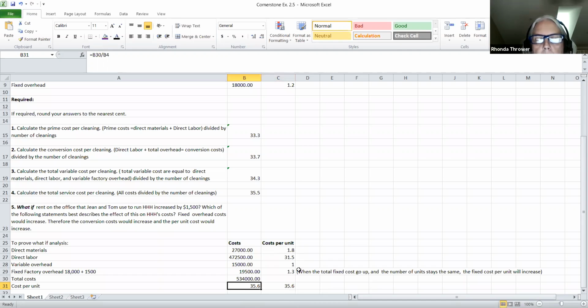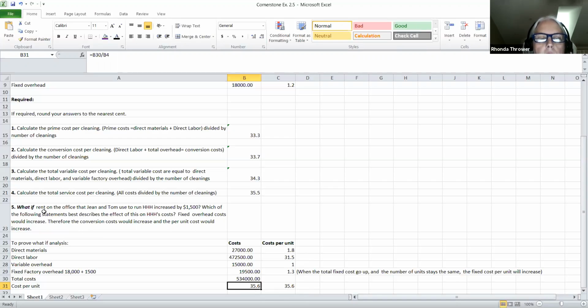You could do it on a per unit basis, and combine all of these together to get the total unit cost, or you could just take the total cost and divide it by 15,000, and that will give you 35.60. But the whole purpose of the what-if analysis is to get you thinking about how changes in cost will affect the cost per unit.